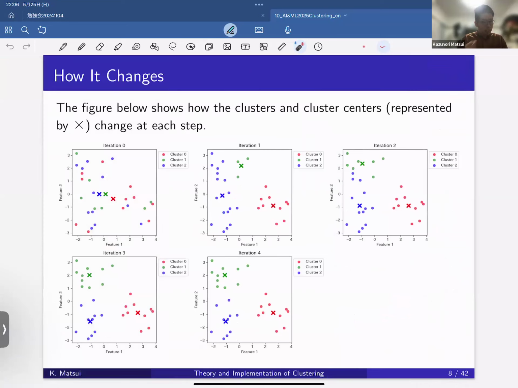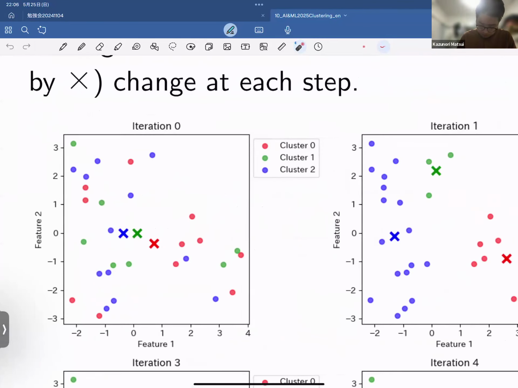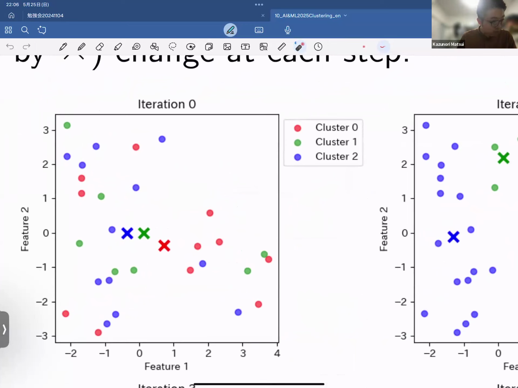You probably don't understand well just from this explanation, so let's try it specifically. First, we randomly assign clusters. We assign data to red, green, and blue. Then we can find the mean.